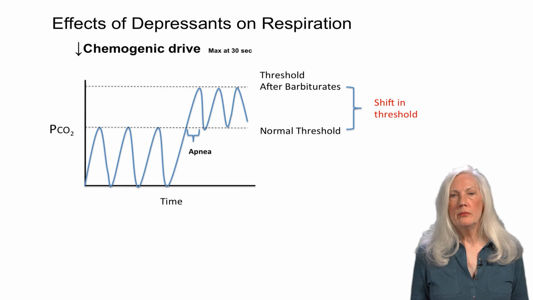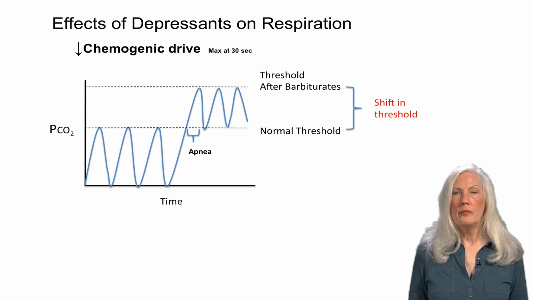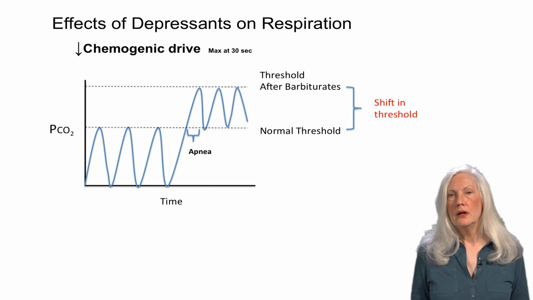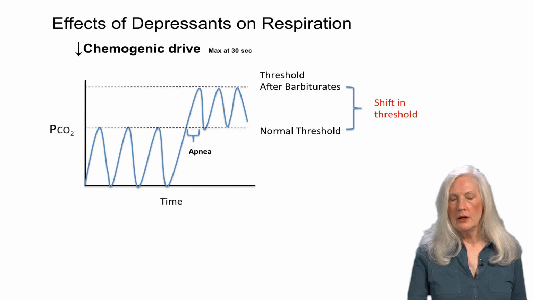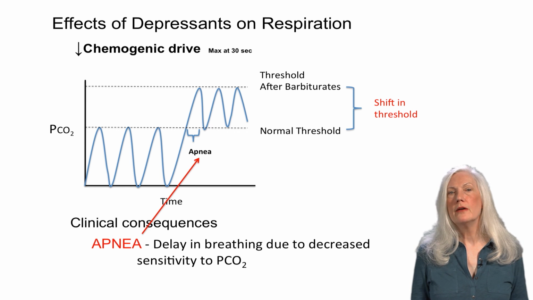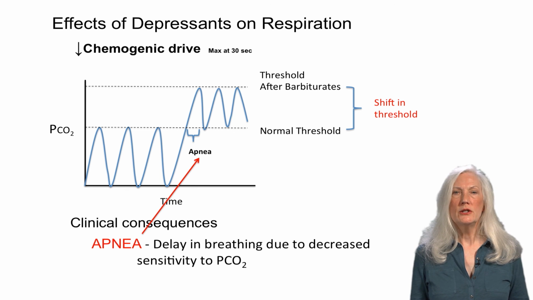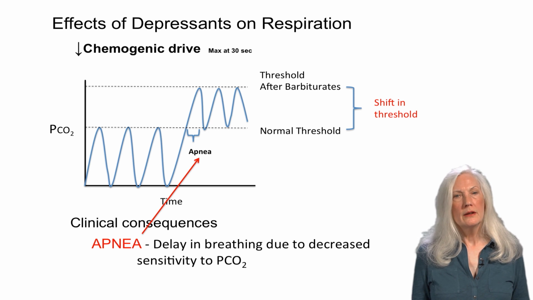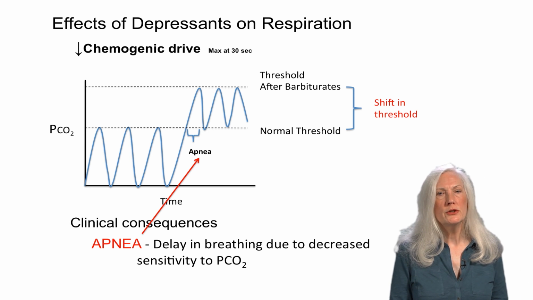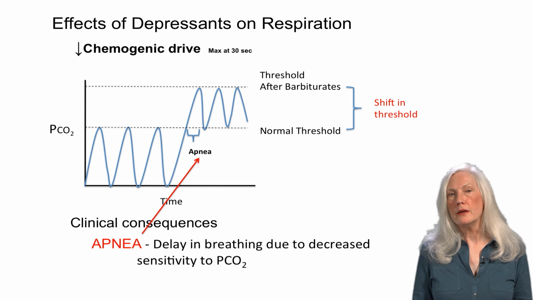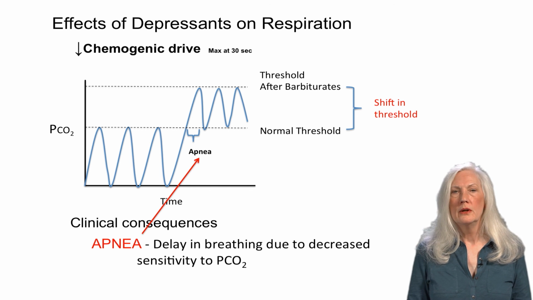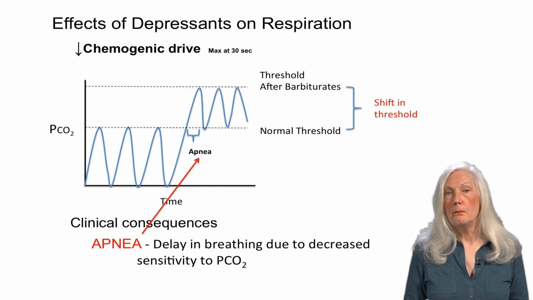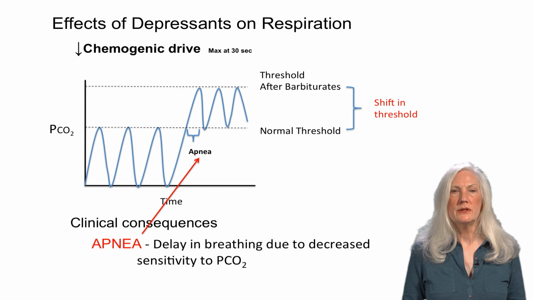You'll notice that because of the time that it takes for the new level of PCO2 to be reached immediately after the injection, there's a transient period of apnea, or cessation of breathing, until the new breathing pattern kicks in. Clinically, this should be monitored to be sure that the animal eventually responds to the PCO2, and artificial ventilation may be needed if the apnea persists.